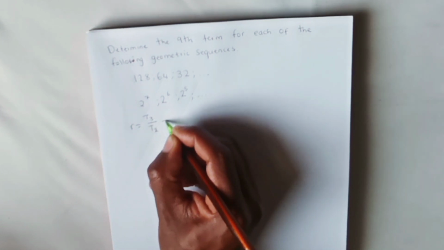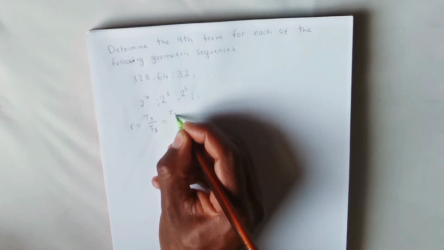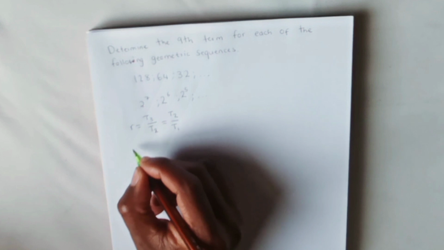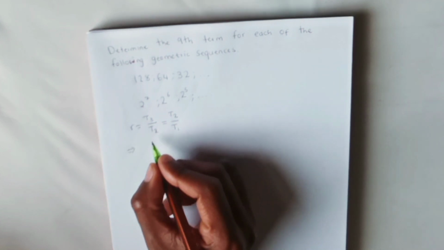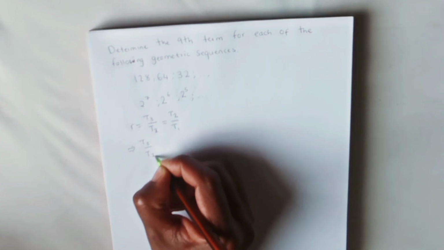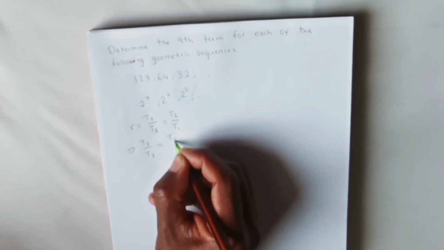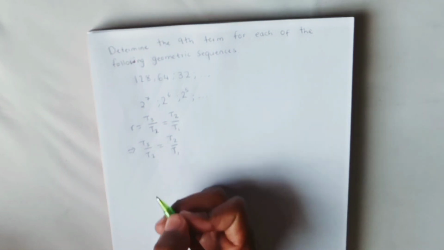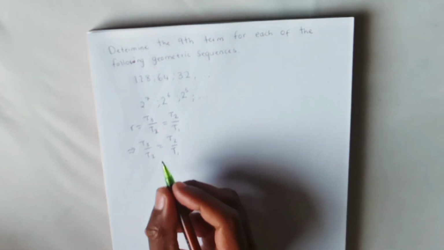T3 over T2 must be equal to T2 over T1. The quotients of these terms must be equal.